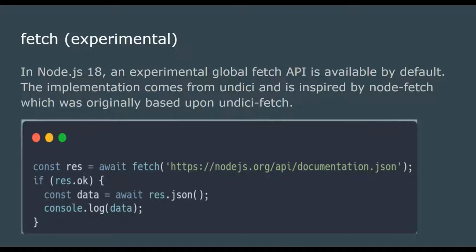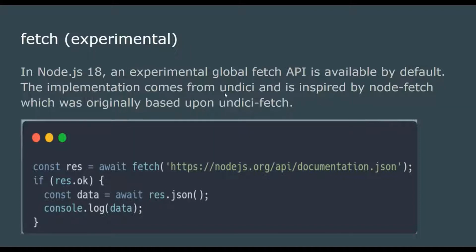So far, when we wanted to use fetch, we generally needed to import an external library like node-fetch. This is a widely used feature, so Node.js now officially includes it as built-in core support.